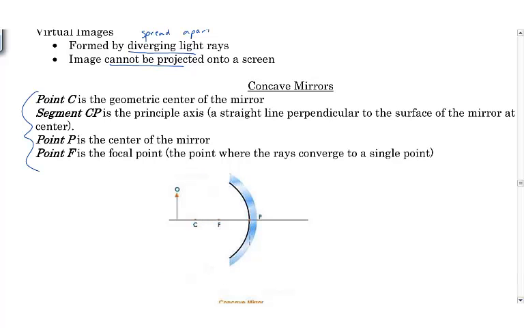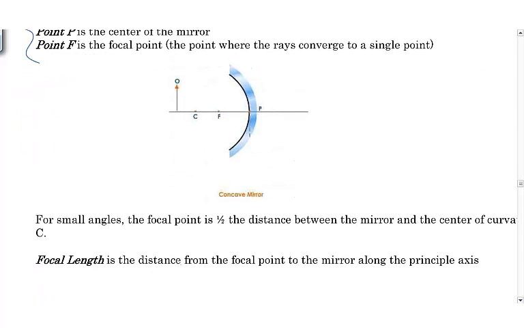Next is the principal axis. The principal axis is just this center line that we draw straight through the mirror or the lens. Point P is the center of the mirror that the axis is running through, and F is the focal point or the focal length, and that's an important point that we'll see down here. Focal lengths are always half the distance to the center.